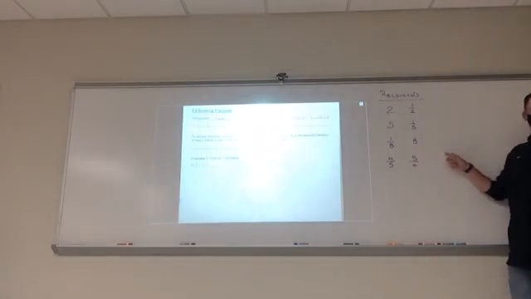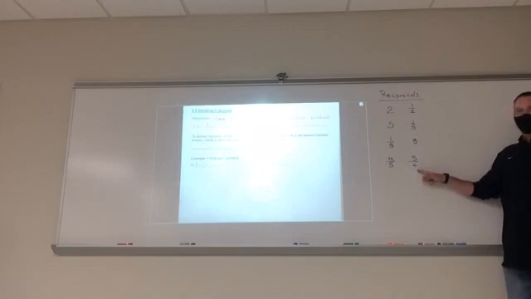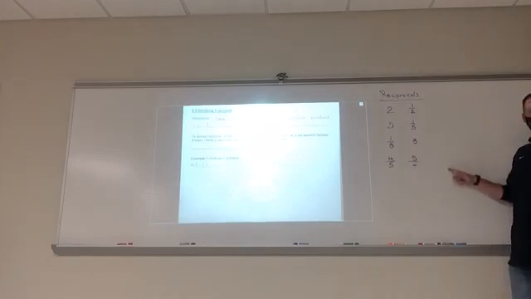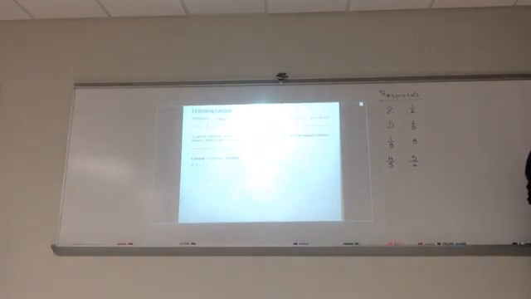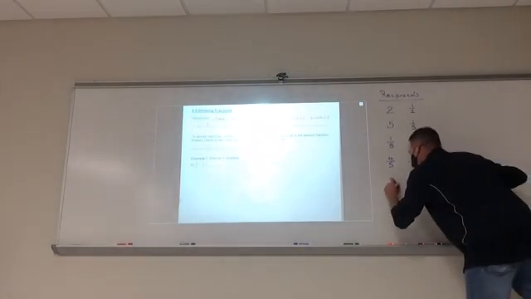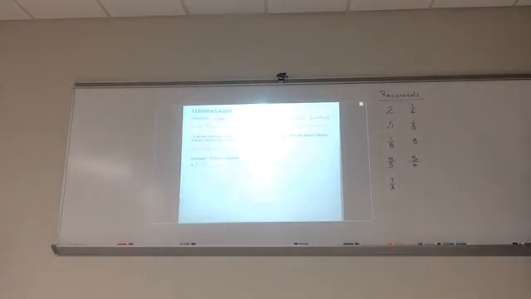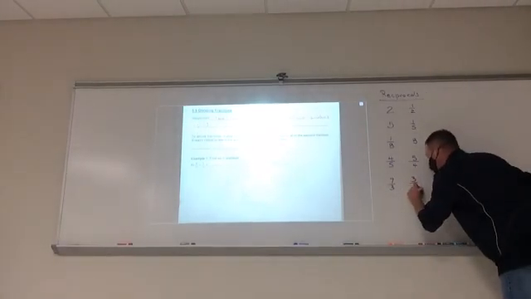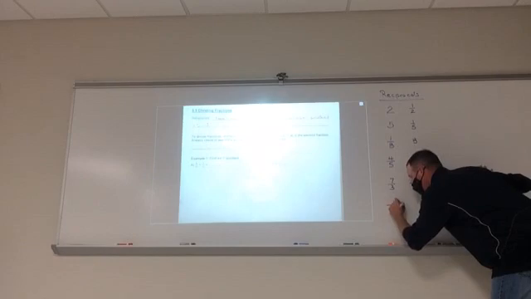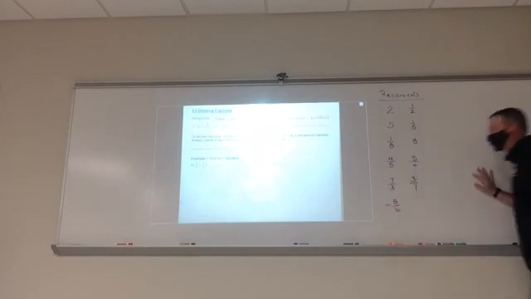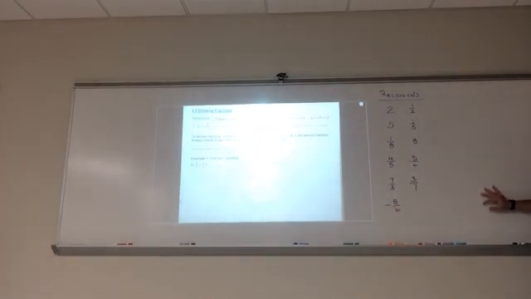What's 4 times 5? What's 5 times 4? What's 20 over 20? Those are reciprocals. 3 over 7. Negative 6 over 5.